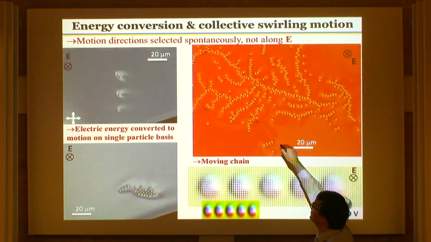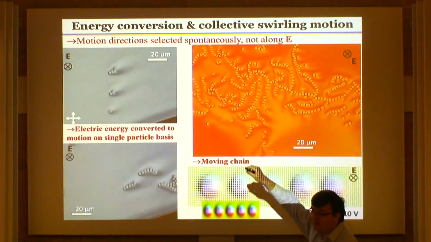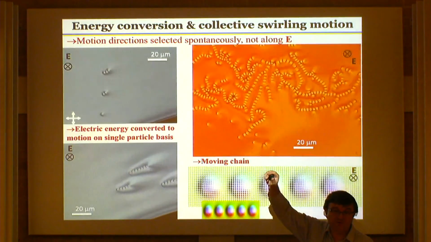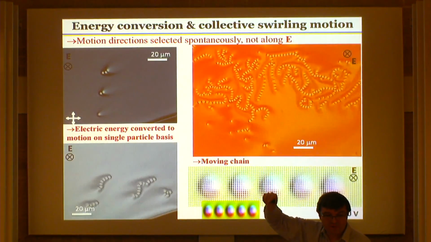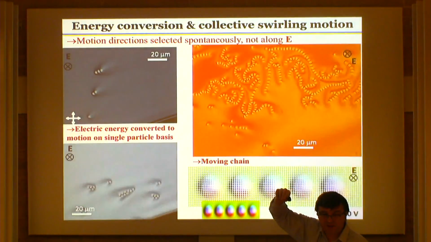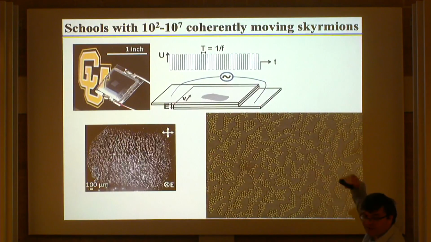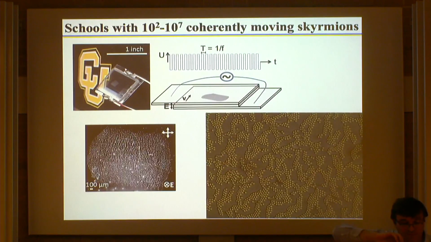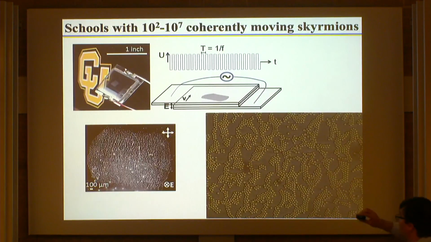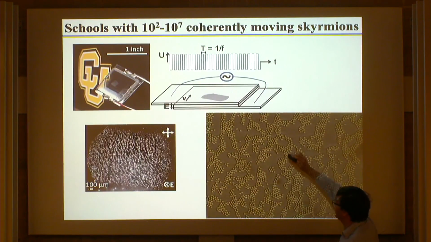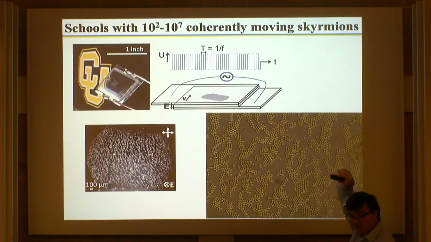When you have only a few of them, they don't figure out how to move together. But when you have some higher density, then they start moving together, though they still oscillate this way. No, I'm talking about a single one. You were showing this. A single one also moves like this, but you oscillate the field that way.